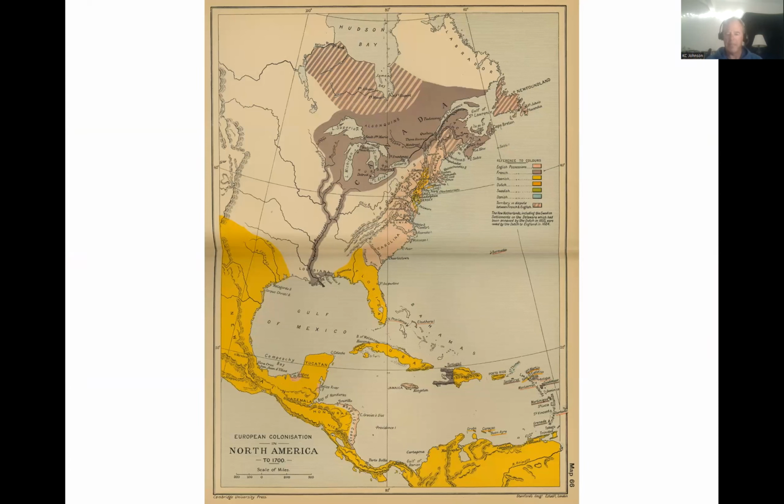And I like this map because it gives a sense of, well, it's true that the European countries claimed to have colonized virtually all of North America by at least the middle part of the 18th century.